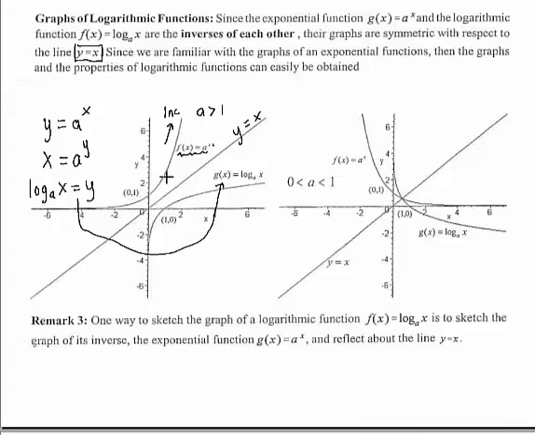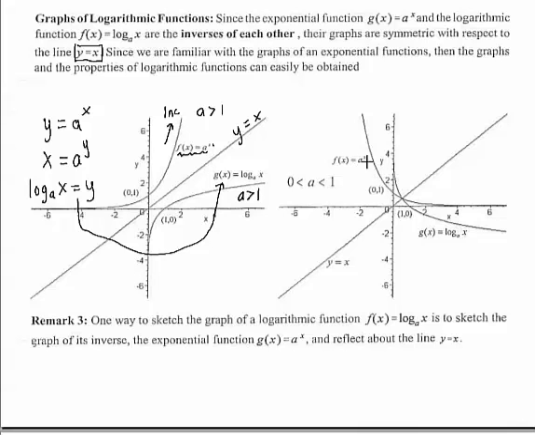And so these two curves are symmetric about this diagonal line y equals x. And so here with the log with the same base a being greater than 1, the log also increases. So for either one, if a is greater than 1, they increase. It's just that the log increases at a much slower rate than the exponential function.